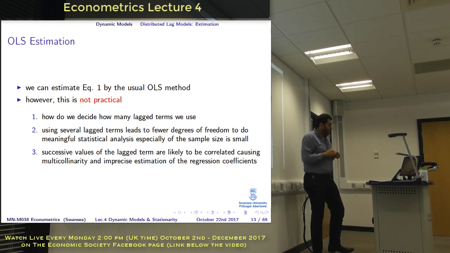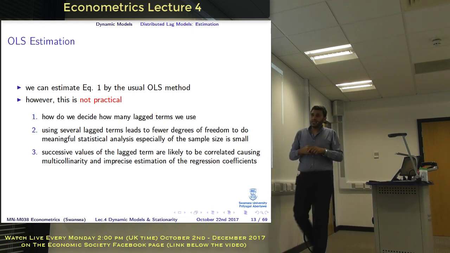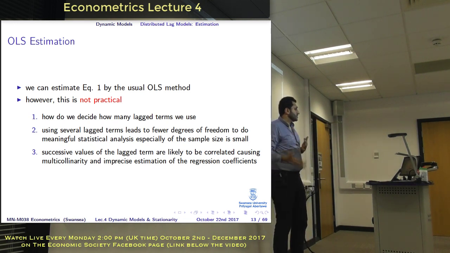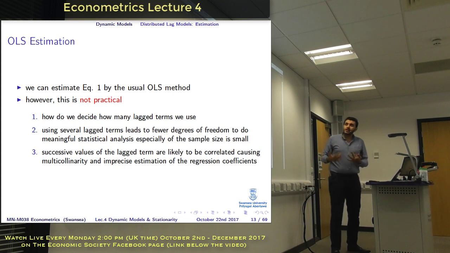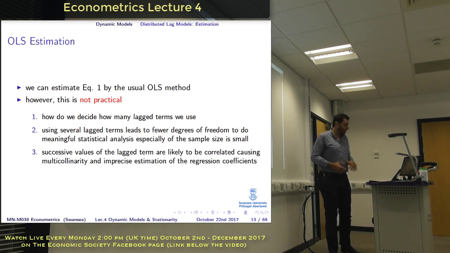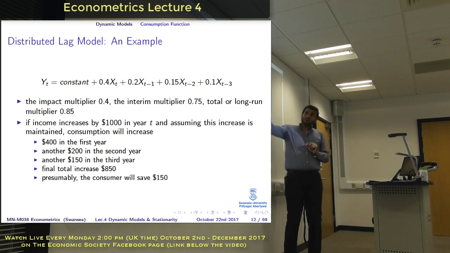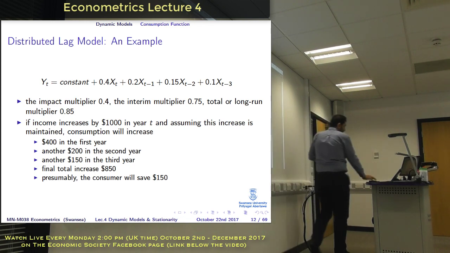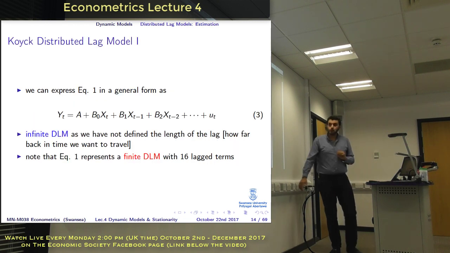And the more lags you add, the more likely they will be correlated, and this will cause multicollinearity, the issue we discussed the week before last. So these are some issues with how we would estimate a distributed lag model like this using OLS.